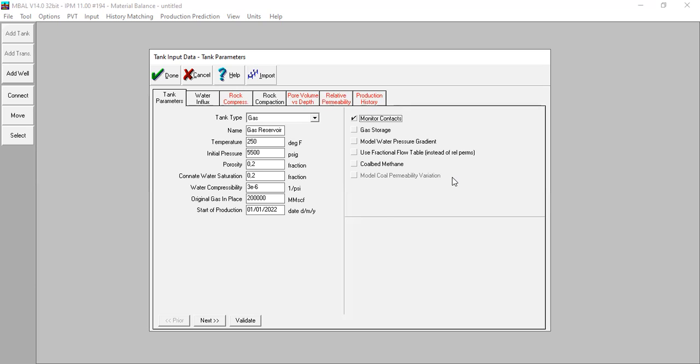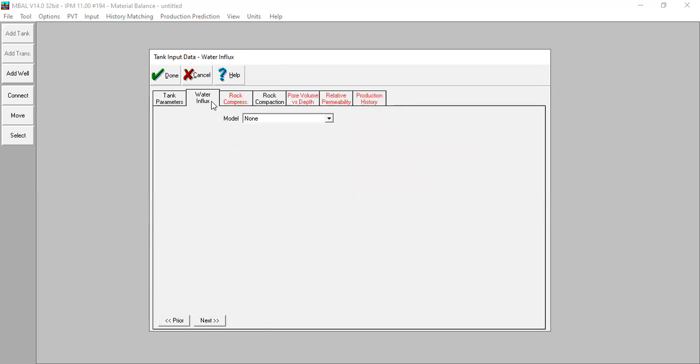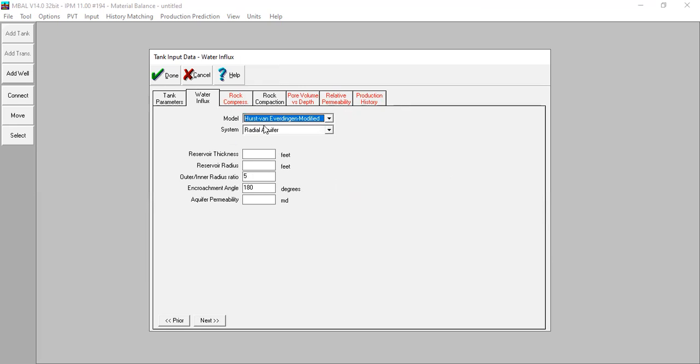Okay, all right. Let's say I know the dimension, the description, the geometry of my aquifer. I will model the aquifer with Hurst van Everdingen method, modified radial aquifer, and then reservoir thickness, for example, 100 feet, and the radius of my reservoir with outer inner radius ratio.